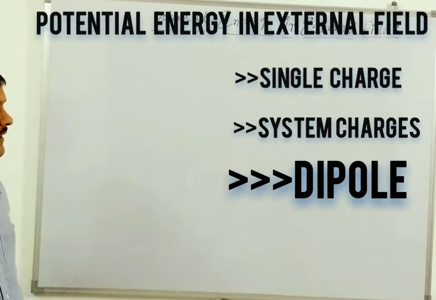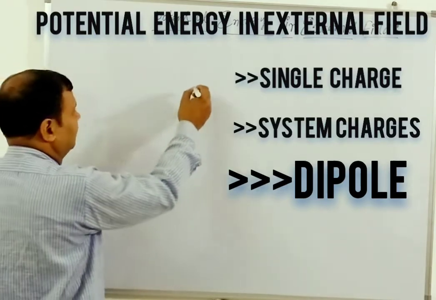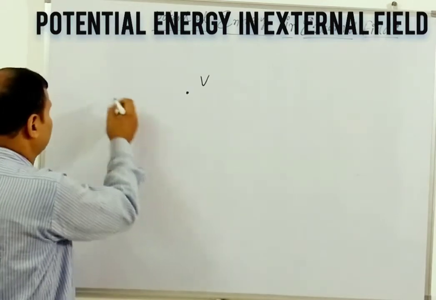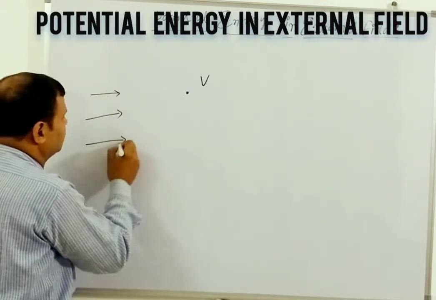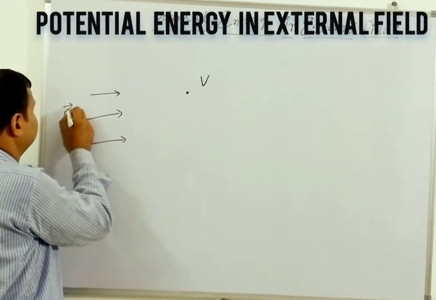Suppose we have an electrical field due to some external source, with a potential V1 at a certain point, unspecified, it may be a uniform electrical field or whatever.